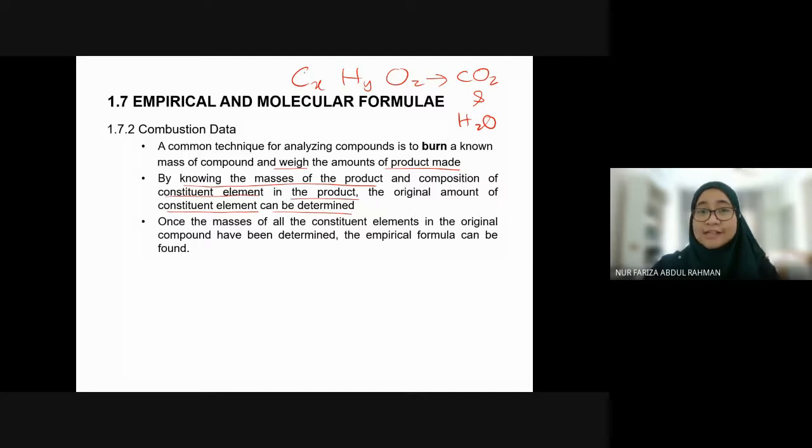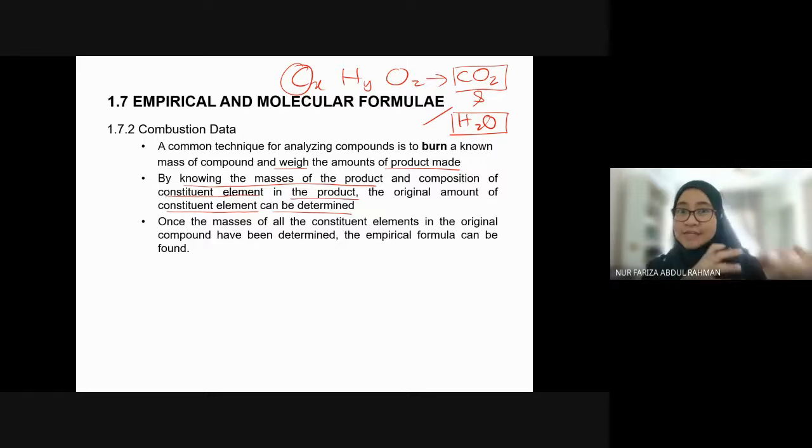What we want is the individual mass of the constituents, which is for carbon, hydrogen, and oxygen. Unfortunately, what we have for the product is in the molecular form. They are already combined, and we want them in separate form. This is the challenge: how do we separate the constituents from the molecule?